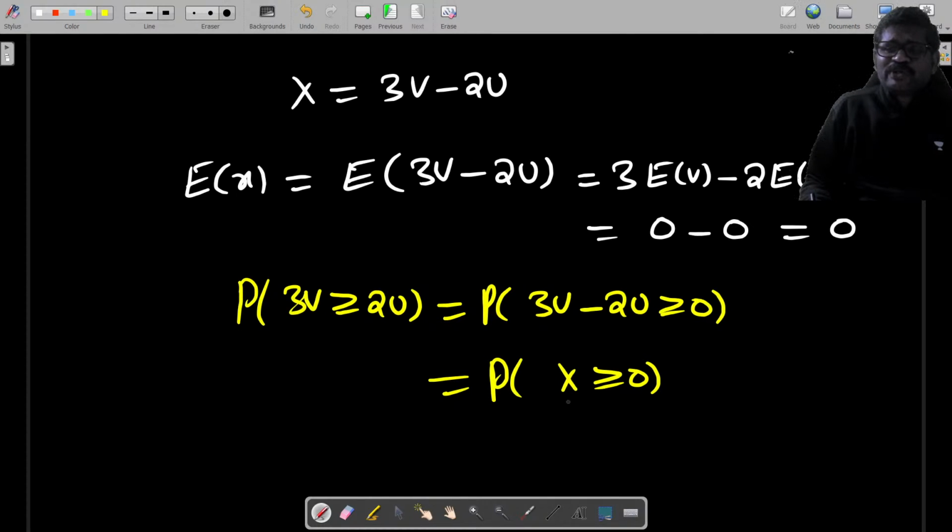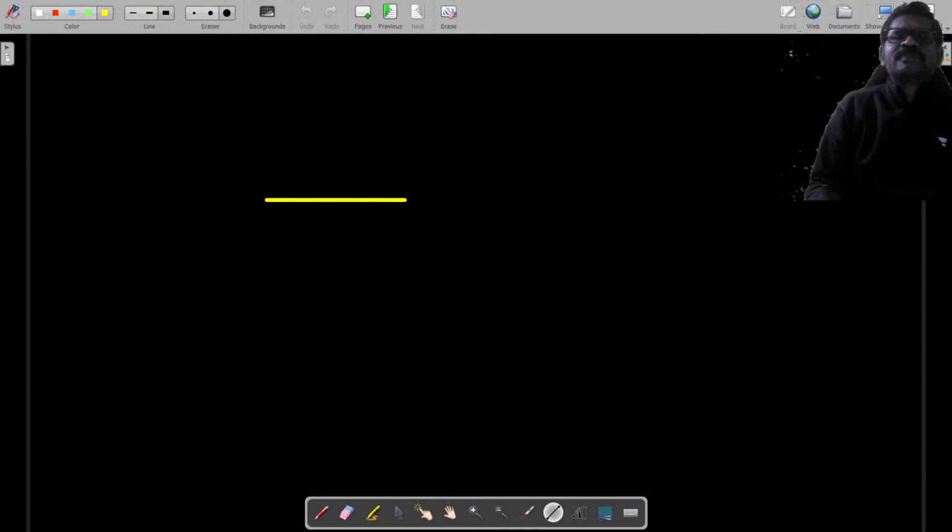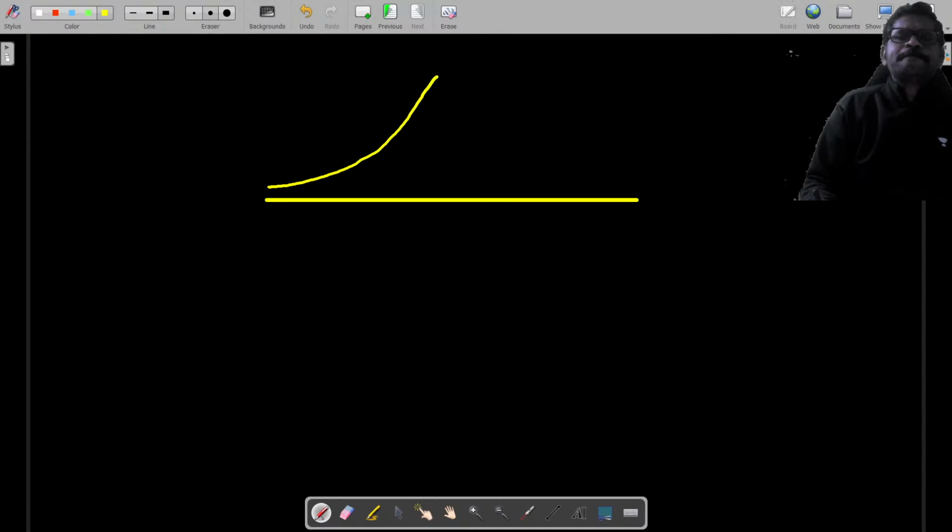Random variable follows normal distribution. We have to calculate the probability of x greater than or equal to 0, whose mean is 0. Here x is equal to 0.